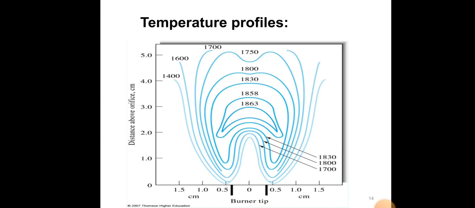That is the highest temperature for this flame, and then it decreases again in higher levels, because when you go to the higher levels of the flame, again you will have lower temperatures.